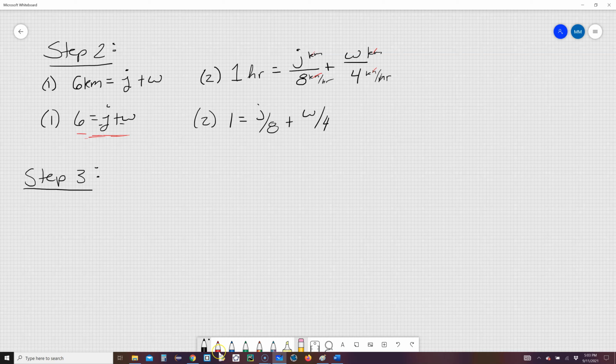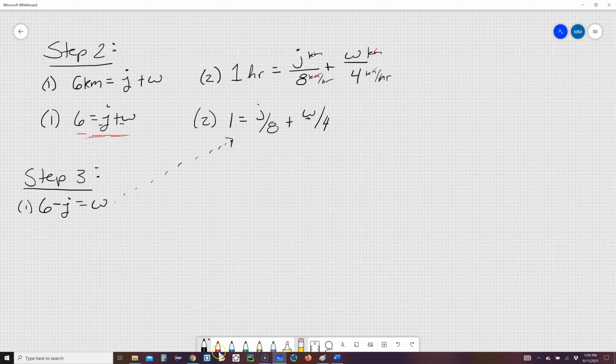Now, I'm interested in J. So I'm going to be very strategic about this. If you don't see this right away, that's okay, because you will be able to back substitute and find it anyway. But if I solve for W, so I say 6 minus J equals W, I know that when I plug this into the second equation, I will be replacing W with something in terms of J. Then I will have a single equation in terms of the jogged distance, which is really what I am interested in.